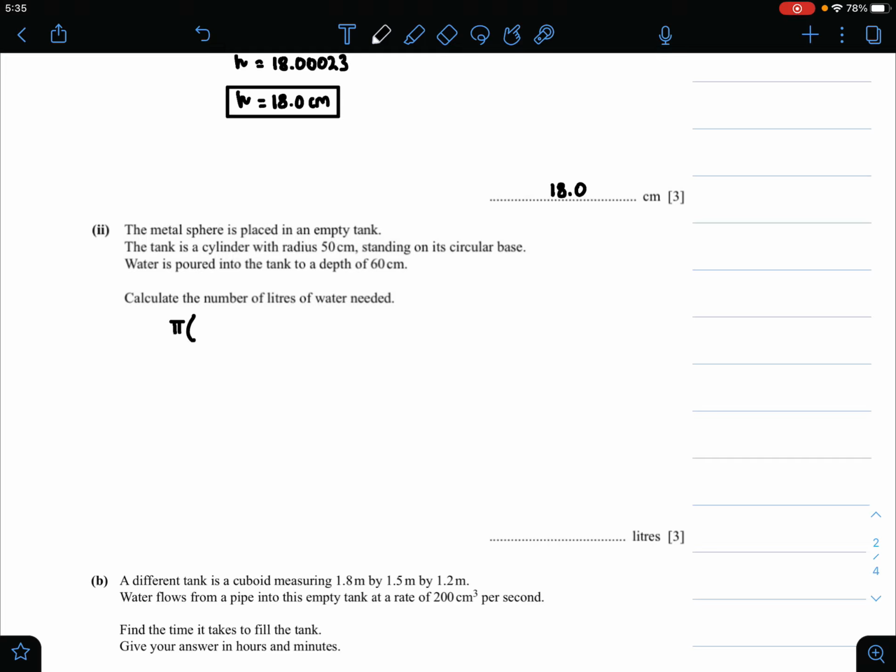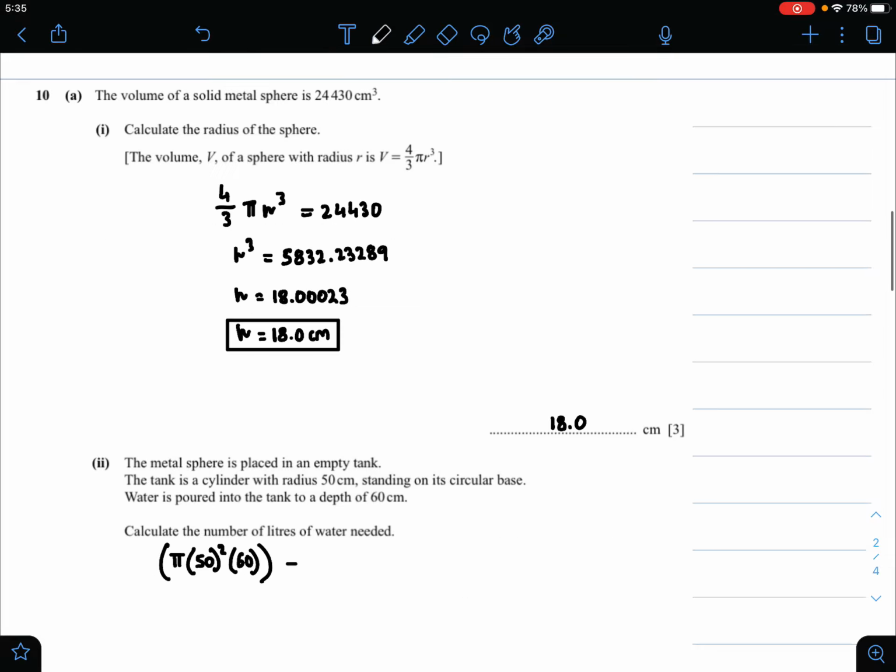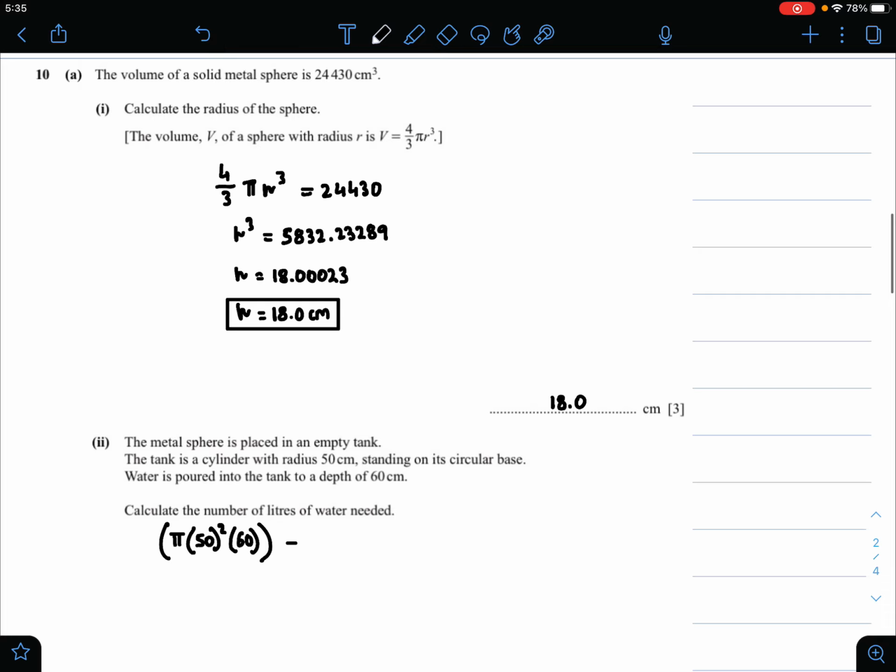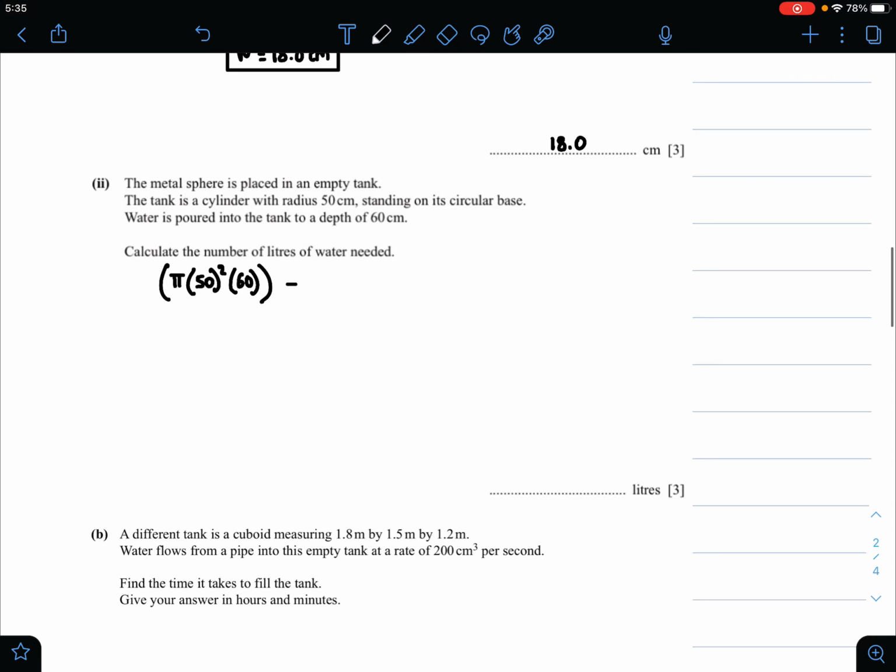So pi r squared, so 50 squared, multiplied by the height, in this case the depth, which they've given us as 60 centimeters, and we simply subtract the volume of the sphere from this. That they've given us in the question before, that is 24,430. So we subtract 24,430. Therefore, all we need to do is simplify this.